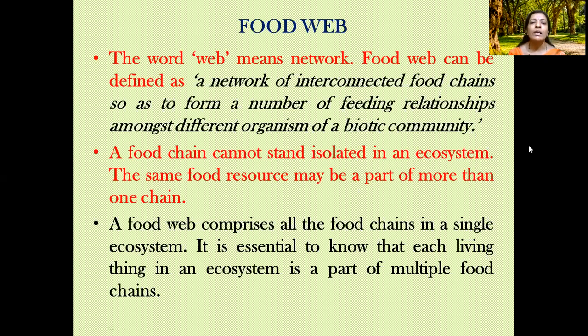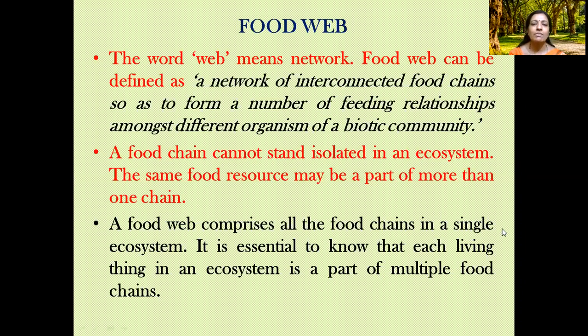That means a food chain cannot stand isolated in an ecosystem. That is, you cannot find a single strand of food chain in the ecosystem. One food source can be a part of many different food chains. Therefore, a food web consists of food chains of different types in an ecosystem.